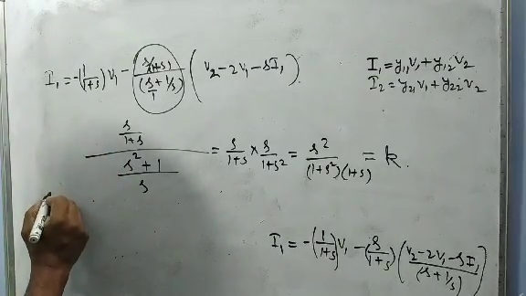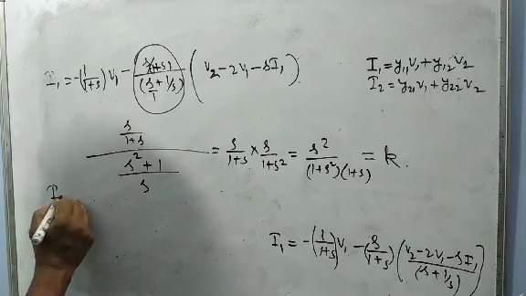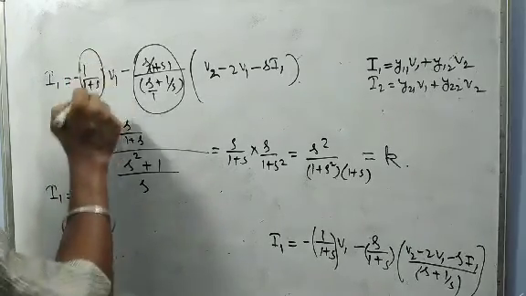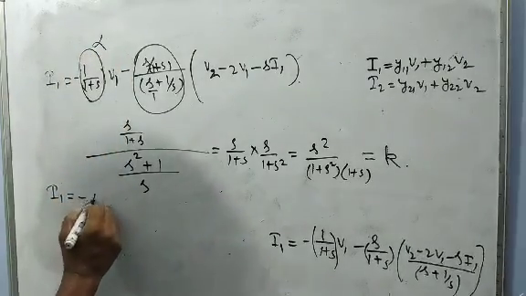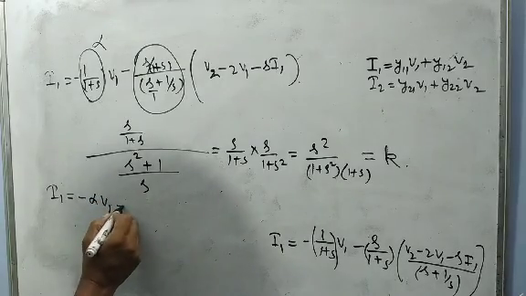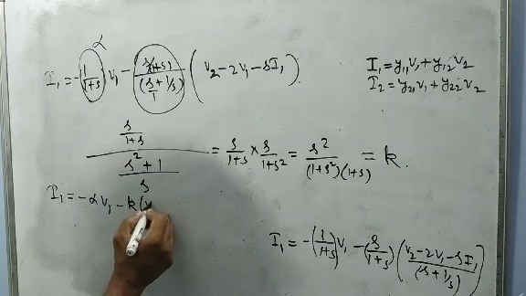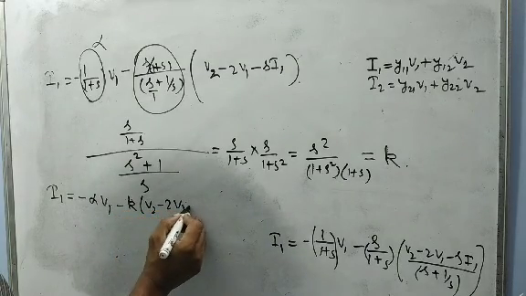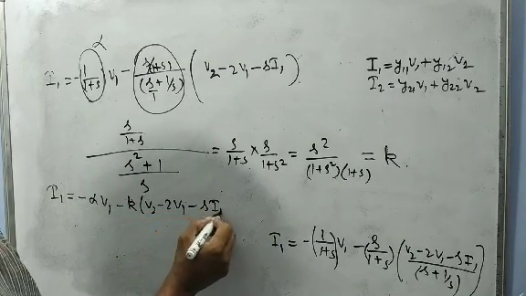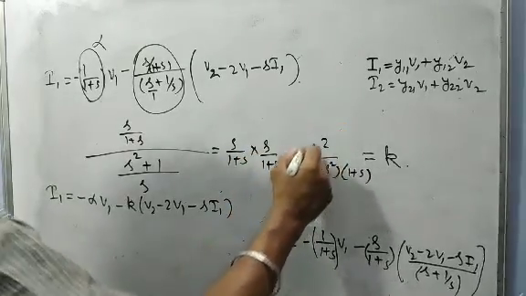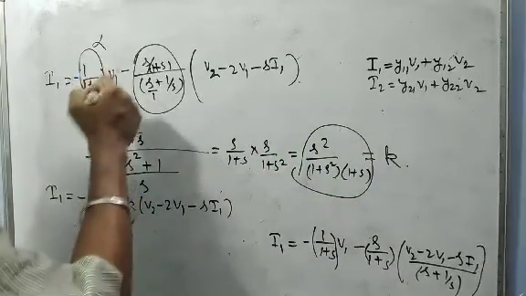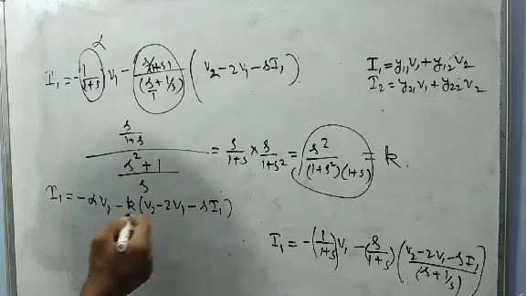Okay. So to simplify this equation, so I1, and you think this as alpha. So minus alpha V1 minus k into V2 minus 2V1 minus sI1, where k is this one, and alpha is 1 by 1 plus s.